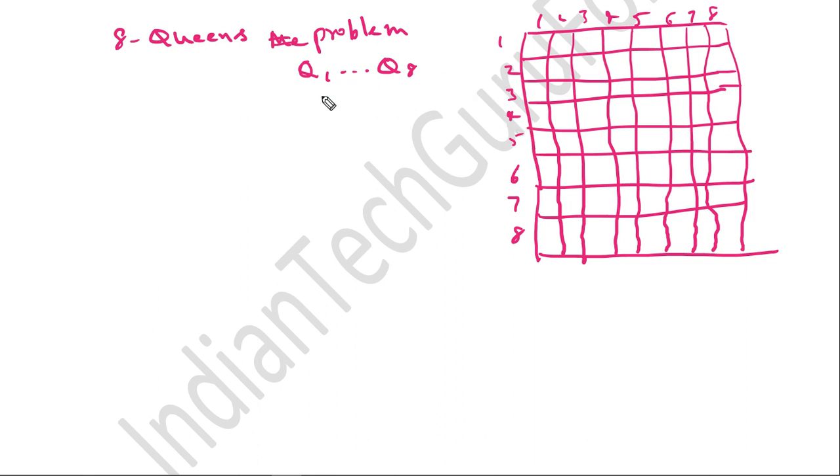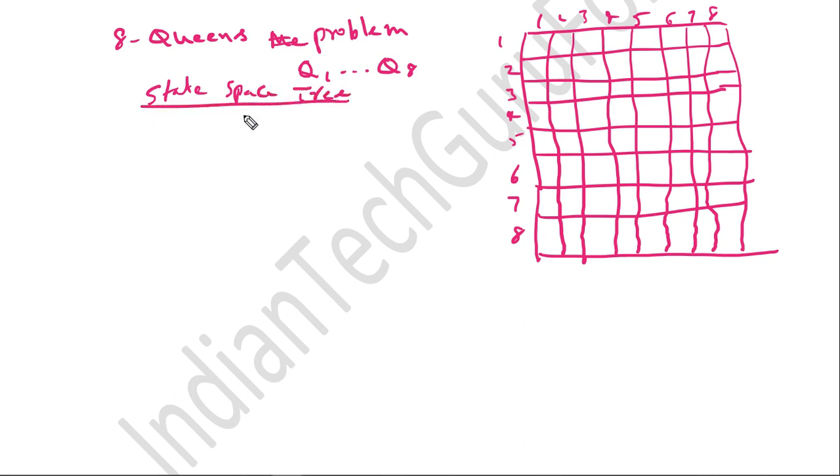As usual, we are going to solve this problem as we have seen in the 4 queens problem, starting from Q1 and drawing the state space tree for Q1.